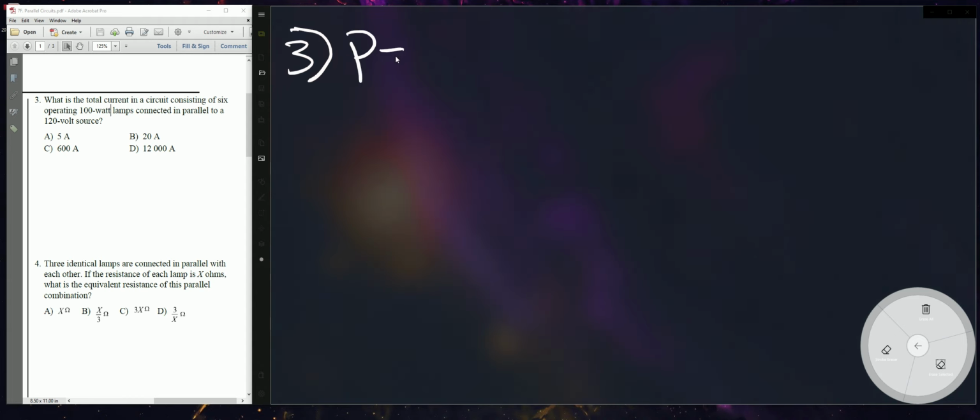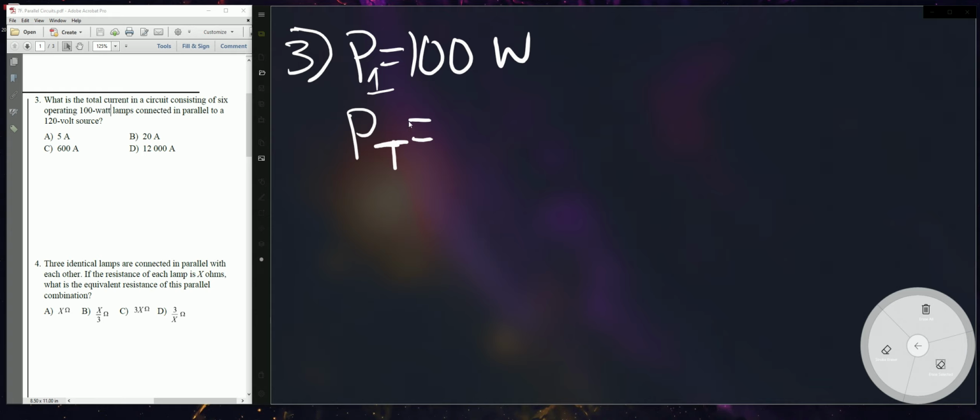So your power in a circuit consisting of 6 operating 100-watt lamps. So each of the 6 lamps has a wattage of 100 watts.